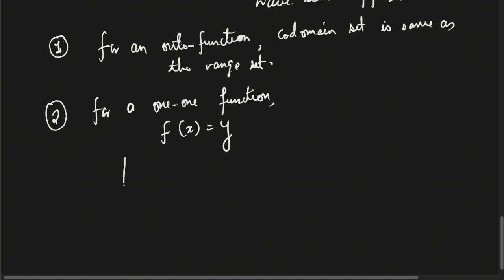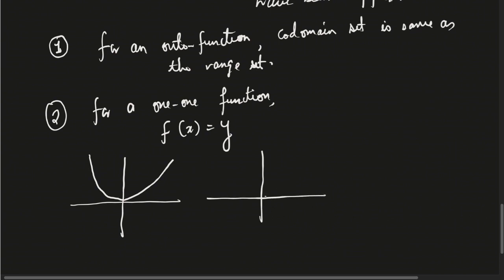So let us consider these two curves, this curve and this straight line. You can see that for this x, let us suppose it to be x1, the value of y is y naught, and similarly for this x, let us say x2, the value of y is again y naught.